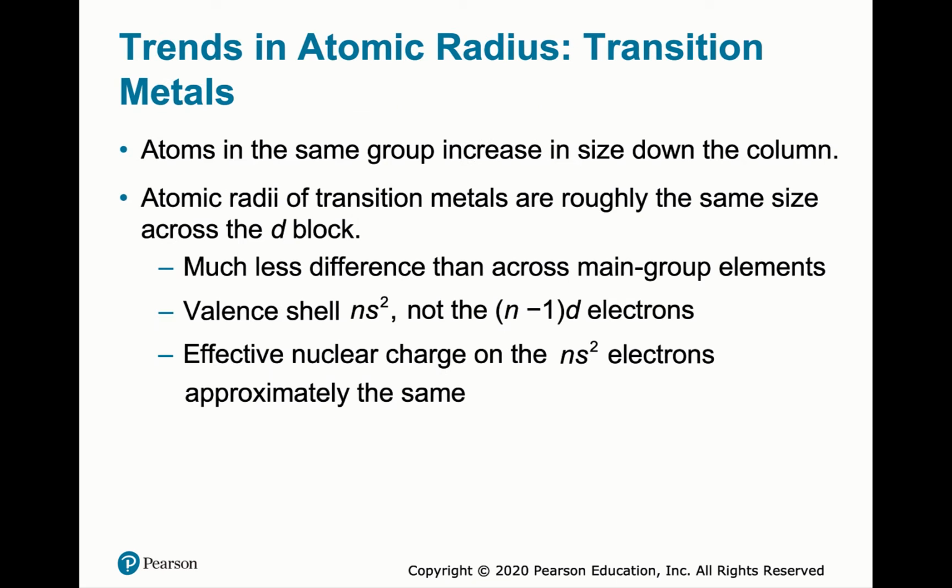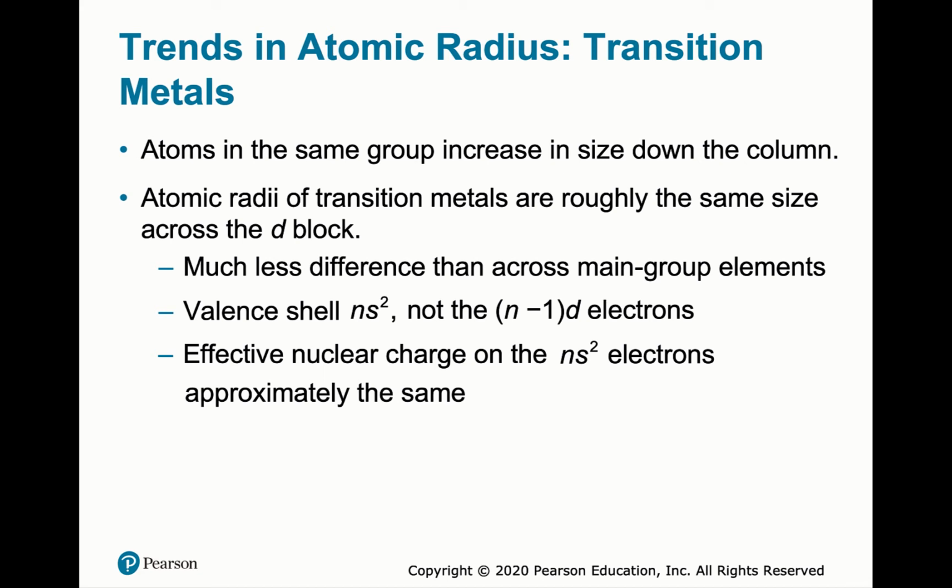So the transition metal atomic radius. For the transition metals, they're about the same size, and the valence shell doesn't change that much. So the effective nuclear charge is approximately the same because, remember, let's look at row number 4.